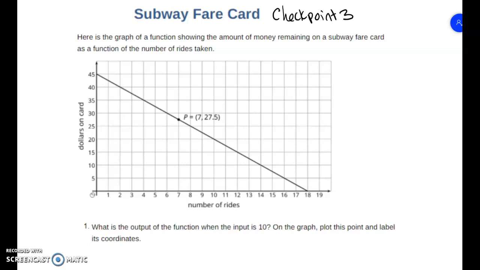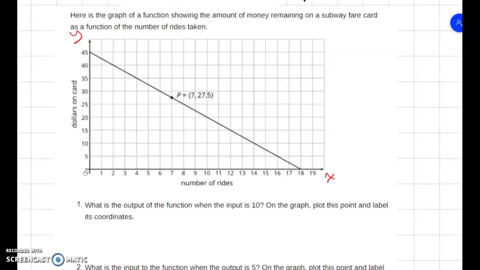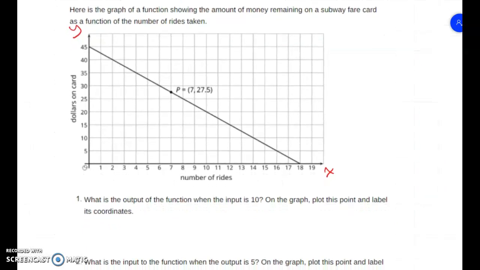So subway fare. Here's a graph of the function showing the amount of money remaining on the subway fare card as a function of number of rides taken. So this is my x, and this is my y. The first question asks you, what is the output, so output is y, of the function when the input x is 10?